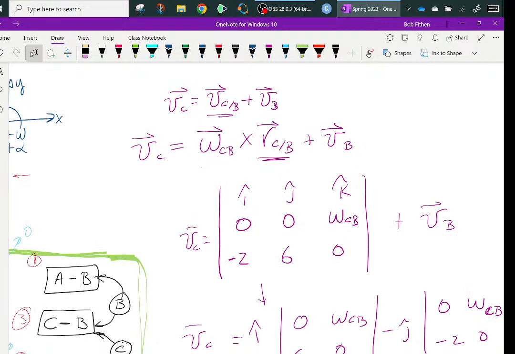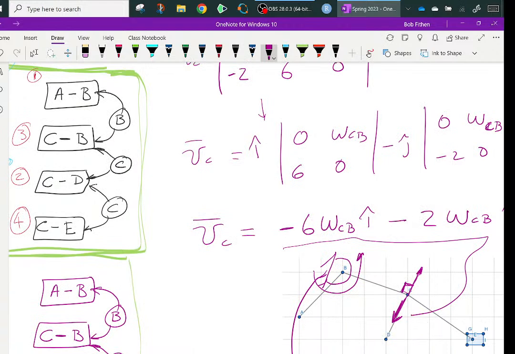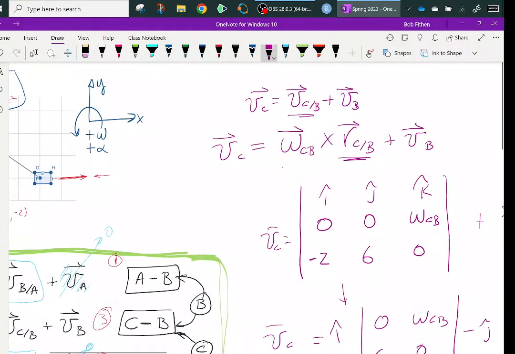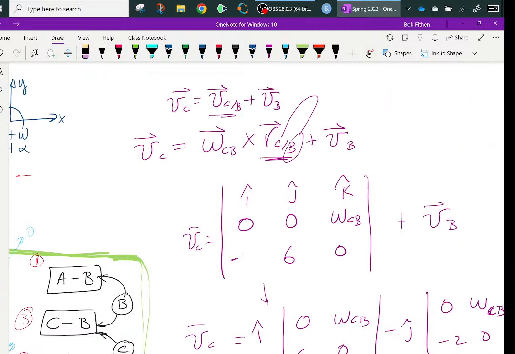Okay. Only thing I can think of is C, start at B and draw to C. Go positive. Ooh, wait. Okay, start at B and I draw to C. I go to the right 6 and I go down. Oops, that's supposed to be 6 and this is supposed to be minus 2.